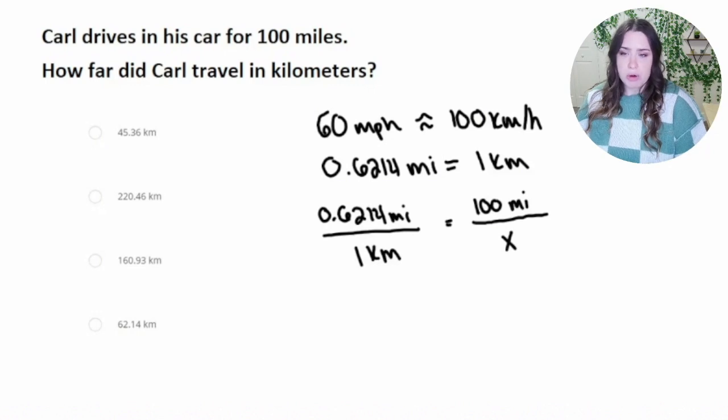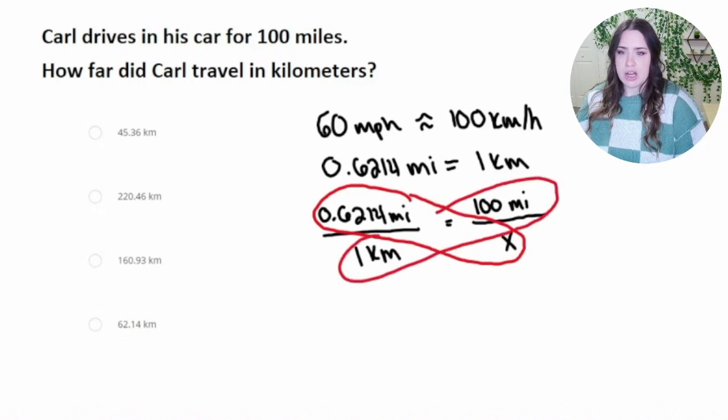Now to solve a proportion, we can use cross multiplication. So I'm going to do x times 0.6214. And then this way I'm going to do 1 times 100. So I'm going to get 0.6214x, that's 0.6214 times x, is equal to 1 times 100, which is 100.